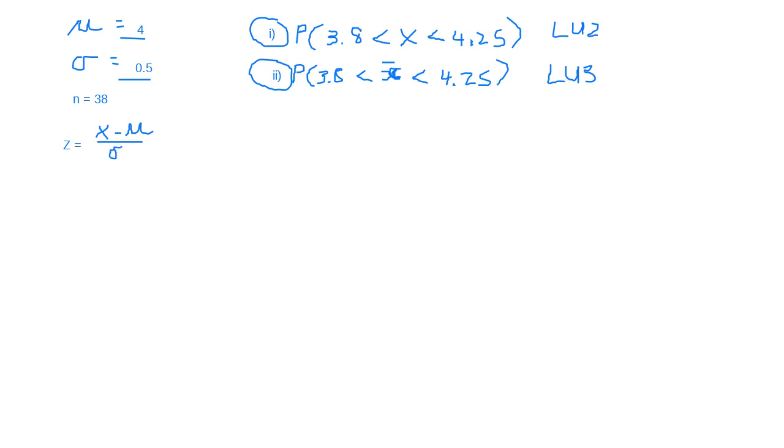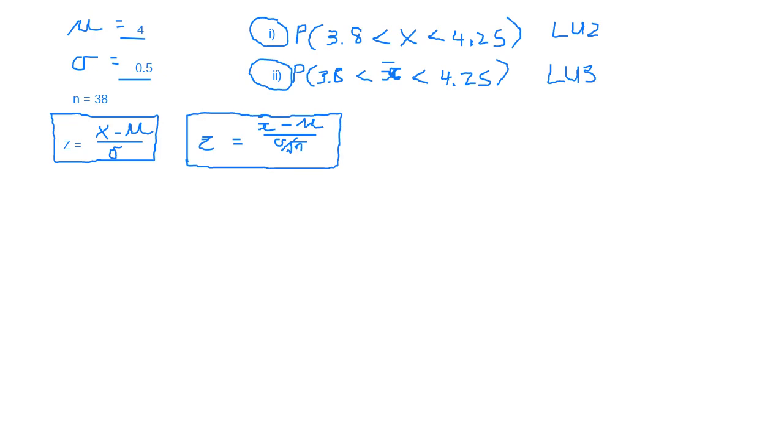And then the other formula is z equals x bar, so you have a formula which deals with x bar instead of x, and the difference is what's in the bottom. Here it's not just sigma, it's sigma over square root of n. You'll come across this formula, and this is to get z when you're dealing with the sample mean. I'm just going to put a dash there. You can see it.